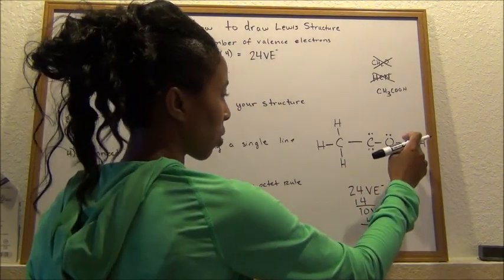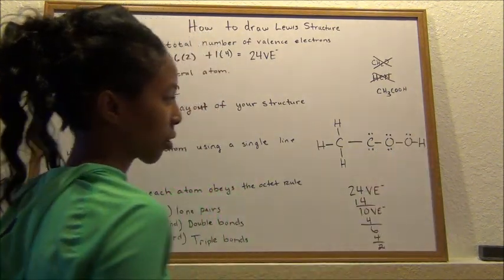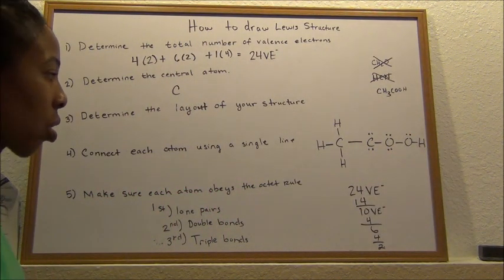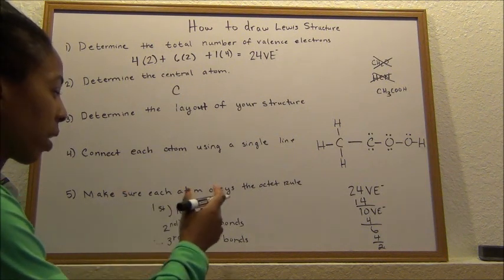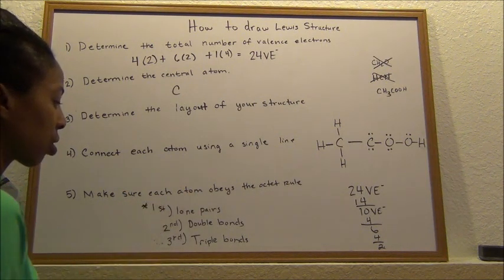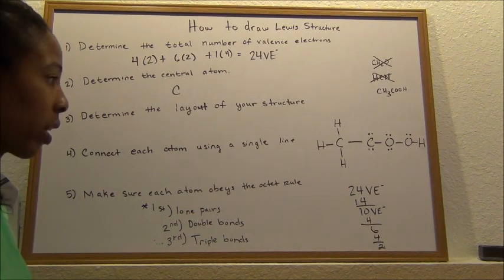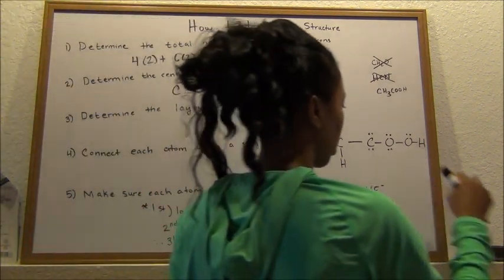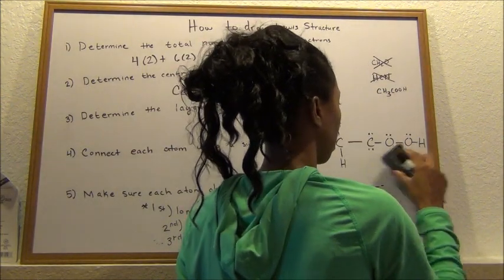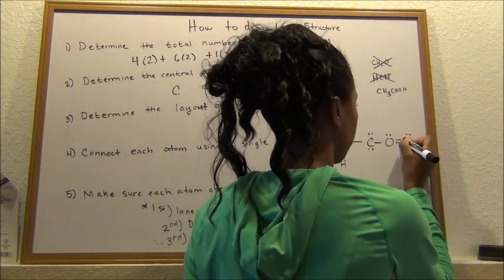Sorry. So this oxygen has 2, 4, 6 electrons around it. So therefore, I'm missing some electrons because it doesn't obey the octet rule. So the second thing it says is to go in and create a double bond. So I'm going to take from the electron-rich oxygen and create this double bond.